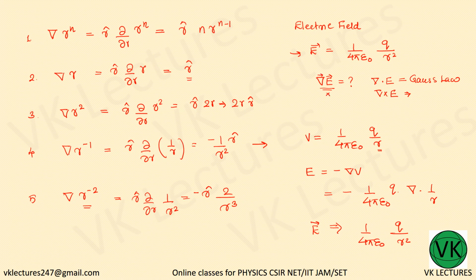Either we have to find del dot E or del cross E. So this is the electric field in the direction of r cap. This is a scalar field V, the scalar potential, which is given by 1 by 4 pi epsilon naught Q by R, and here we can find the gradient of the potential which gives us the electric field.